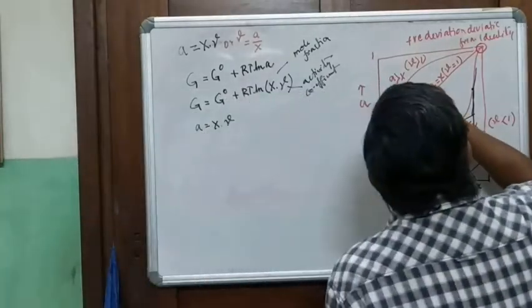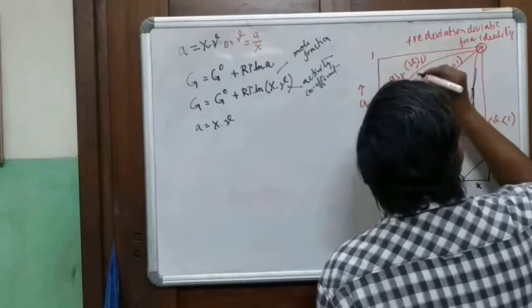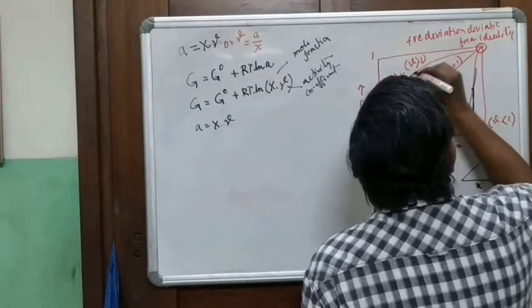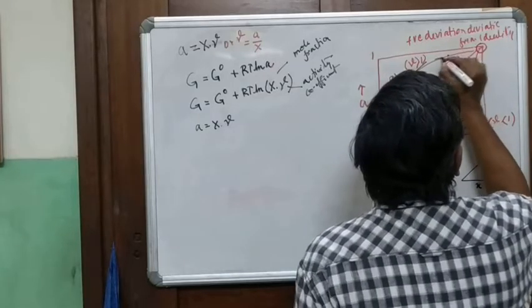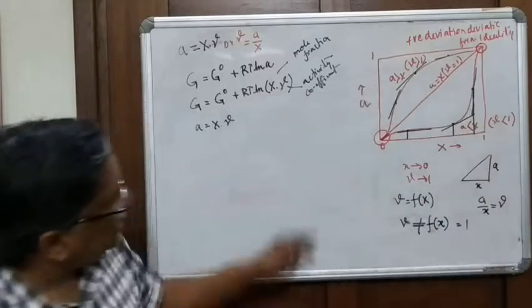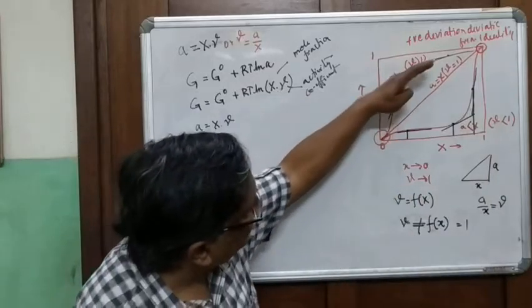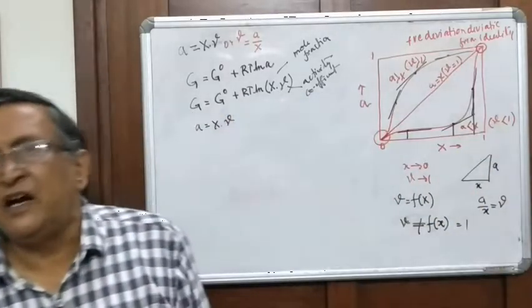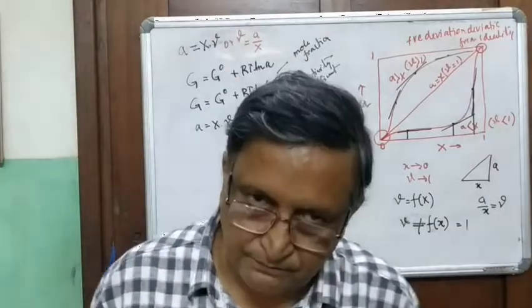Similarly here, you take a point and draw a tangent, take a point, draw a tangent, take a point and draw a tangent. You see, the F value becomes a complex function of composition.